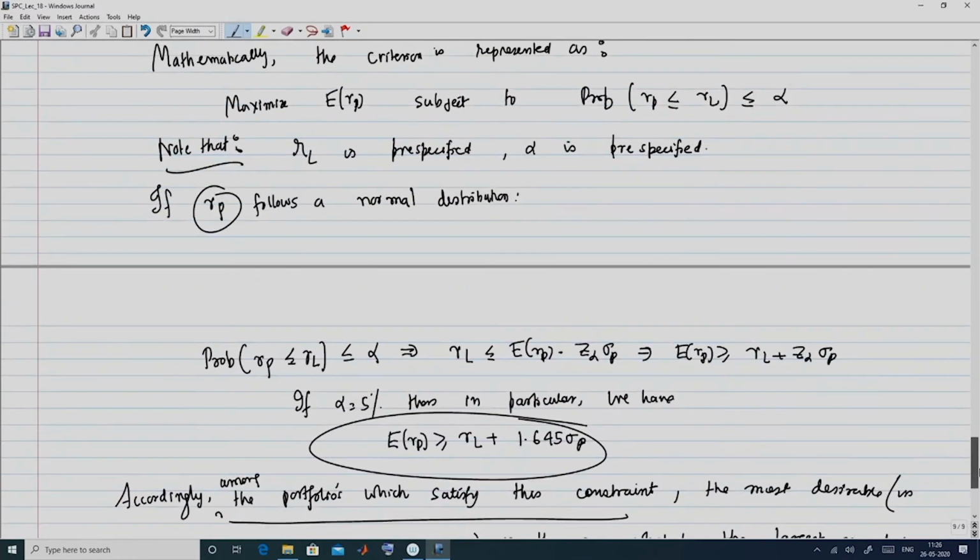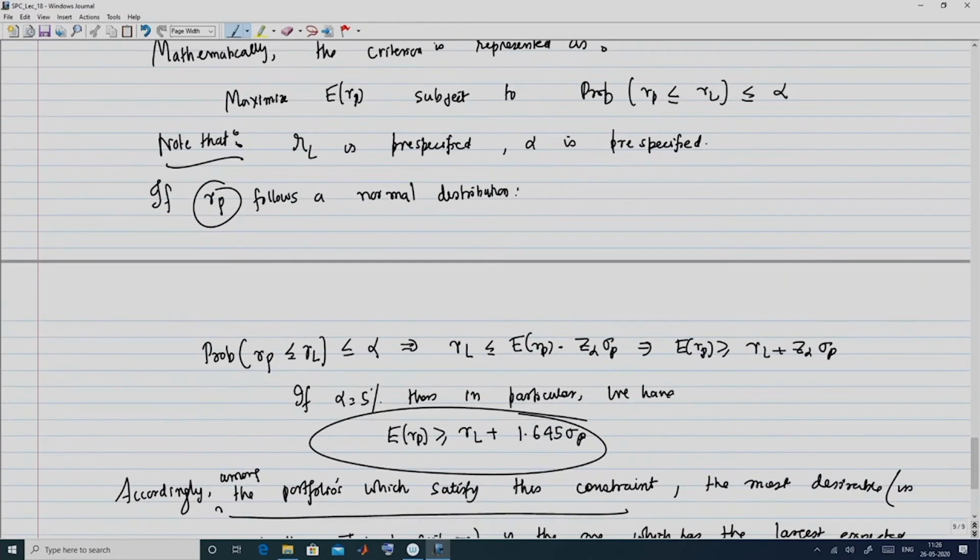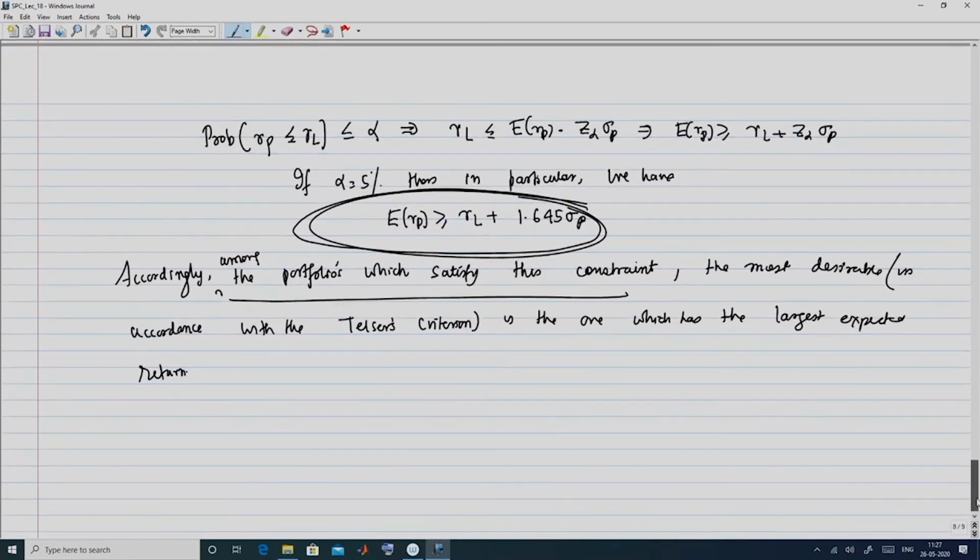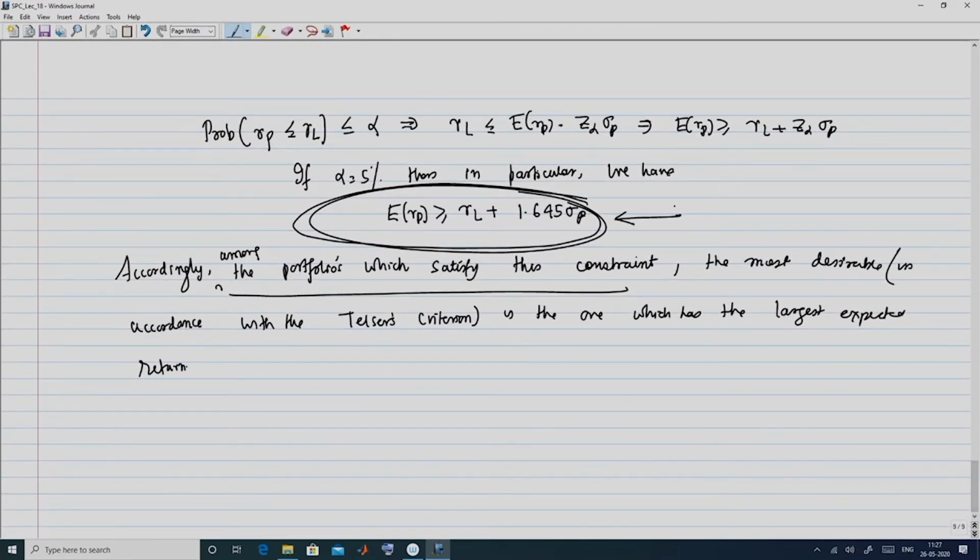So this means that basically you want to have this Telser criteria being satisfied, and once this is satisfied, your goal is essentially to maximize this E of RP. So amongst all those portfolios which satisfy this criteria, the most desirable one is the one which has the highest E of RP, because eventually according to the criteria your goal is to maximize the E of RP.